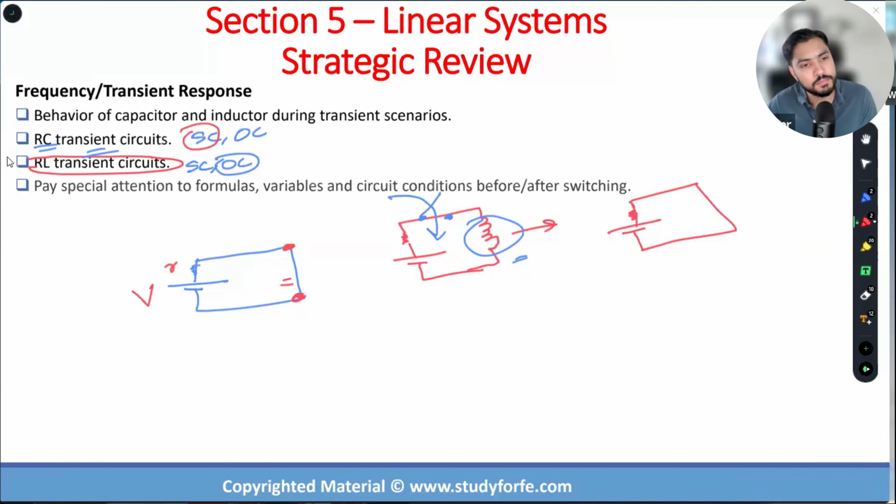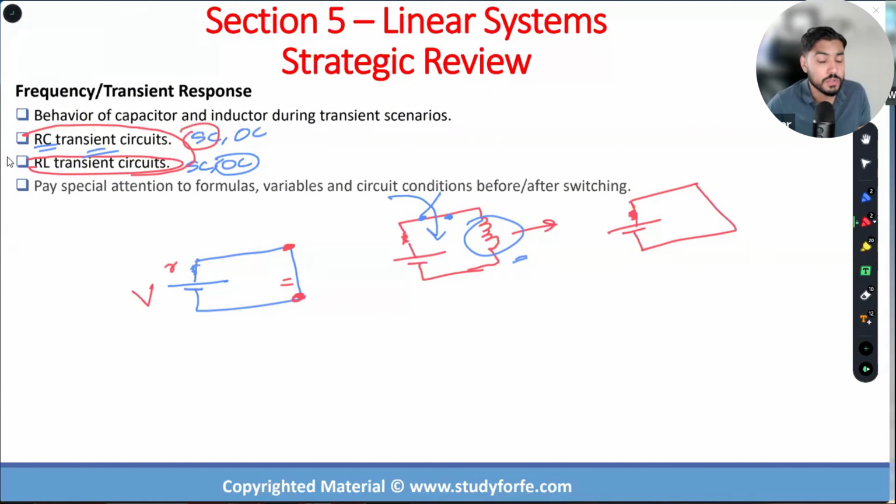And for the RC transient circuits, I gave you guys the example of charged balloons. Remember that? So fundamentally, if you understand the capacitor behavior and the inductor behavior during those switching, the rest of RC transient response analysis is just circuit analysis.